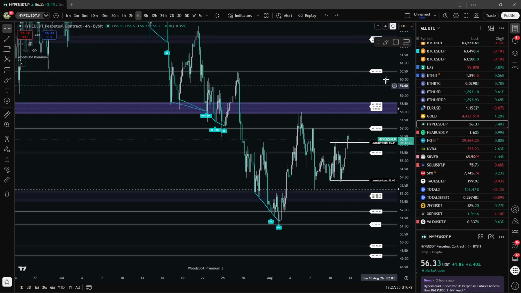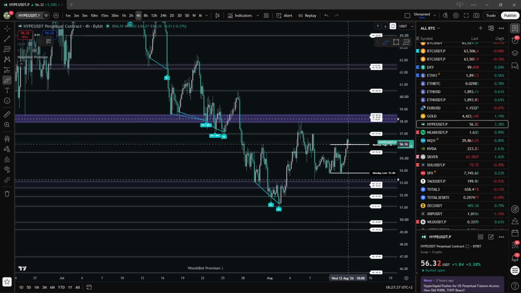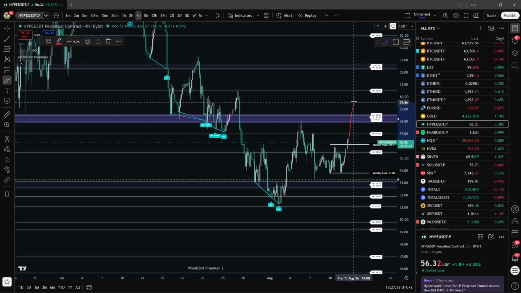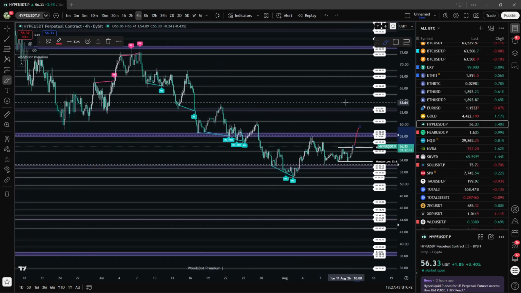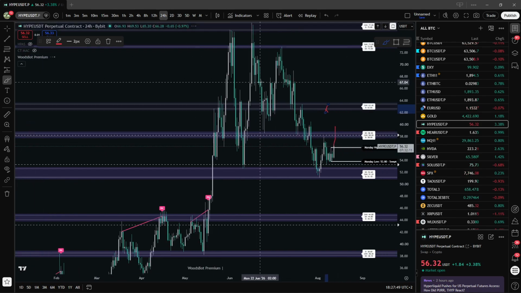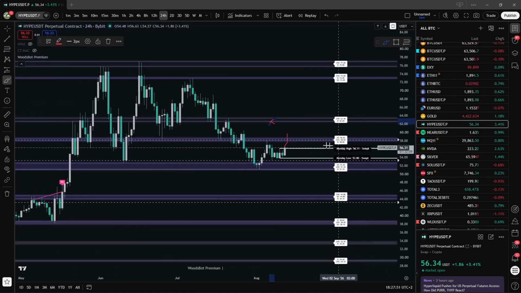And if it does that, I can see hype having a really nice rally, at least towards 62. But it could go even higher than that. It could target even the size right above there, right?